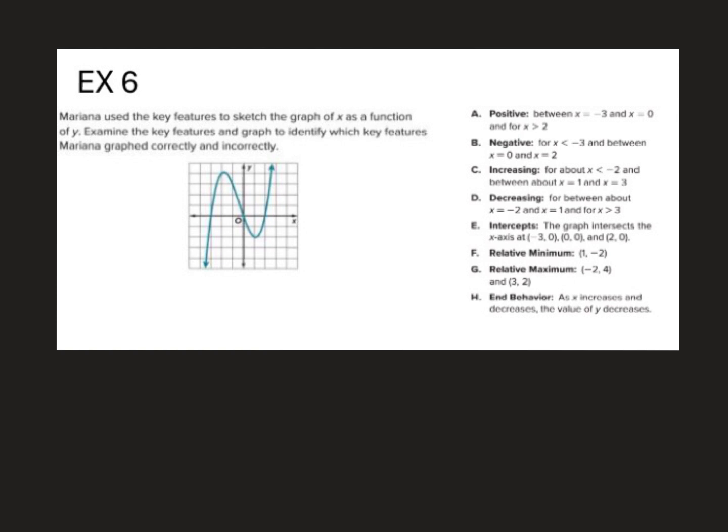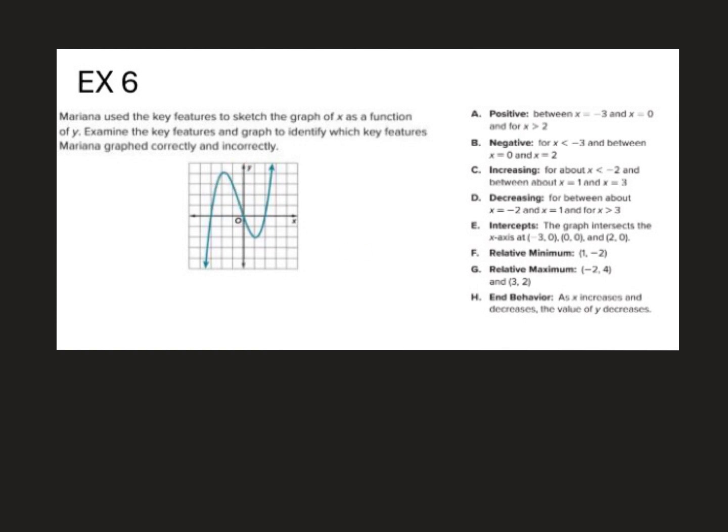The first feature says that it's positive between x equals -3 and x equals 0. So let's see if that's true. Let's grab a highlighter. Positive between x equals -3. Let me count really quickly: -1, -2, -3. So -3 to 0. So yes, that graph is up here in the positive quadrants.